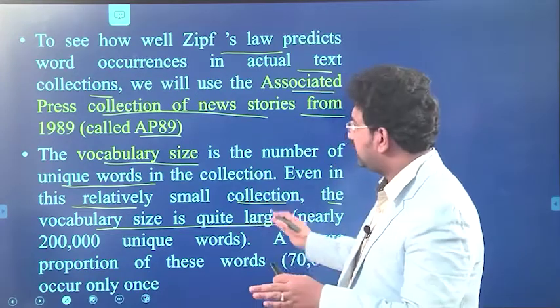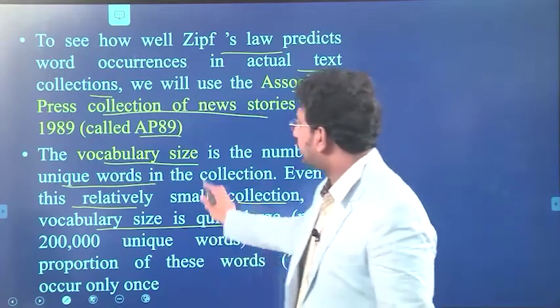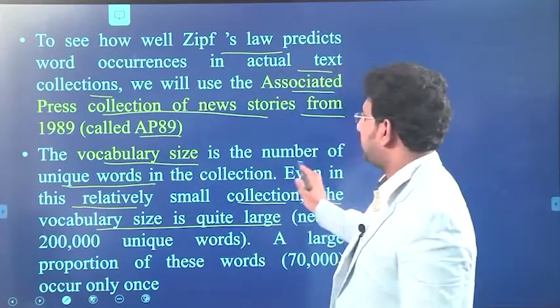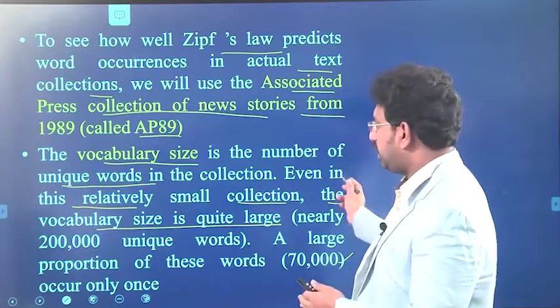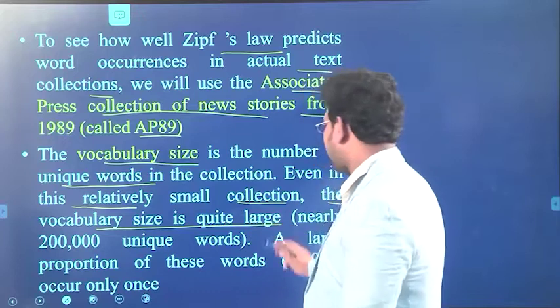This is the statistics about the Associated Press collection. Vocabulary size indicates the number of unique words in the collection. Even in this relatively small collection, the vocabulary size is quite large.